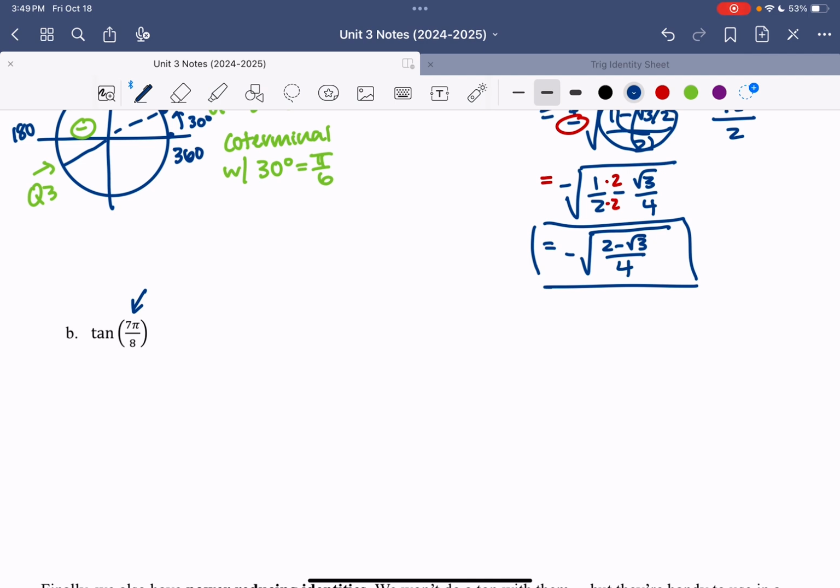Okay, so I'm going to rewrite this to be tangent of 7 pi over 4 over 2. Okay, so the value that we are using as our reference angle is going to be 7 pi over 4. Okay, first though, let's try to figure out where on our unit circle our original angle is.